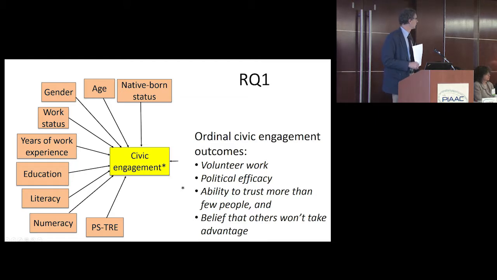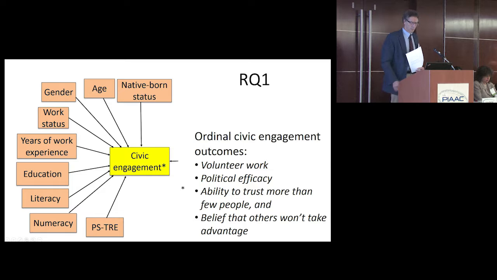The volunteer work was measured on a frequency scale, I think it was 5 points from never to every day, and the political efficacy and the two trust variables were Likert items, degree of agreement items. So volunteer work was more of a behavioral measure, and the other three measures were more attitudinal measures.